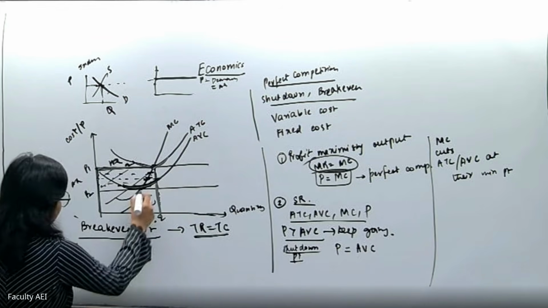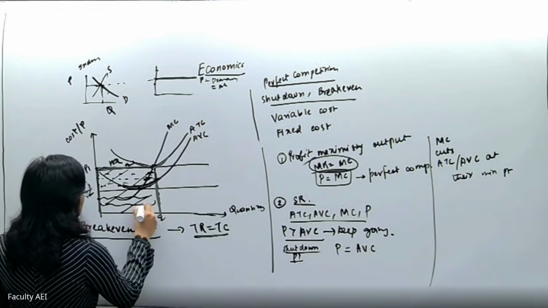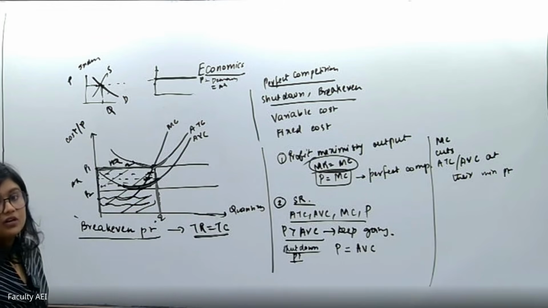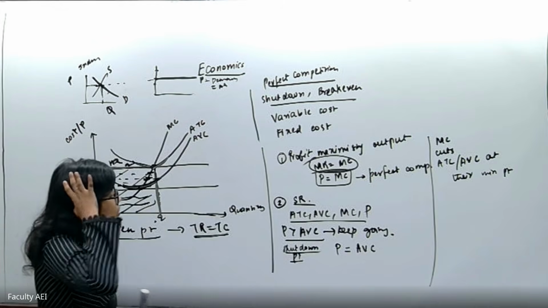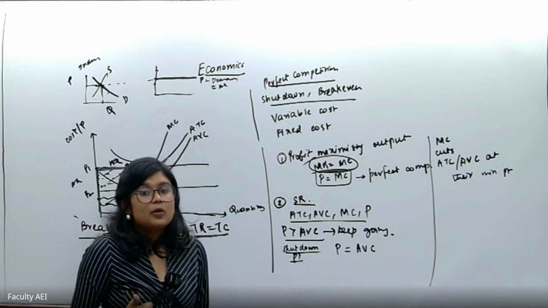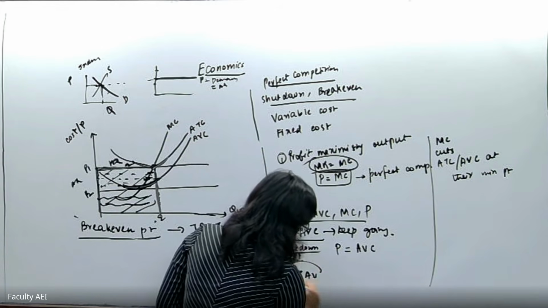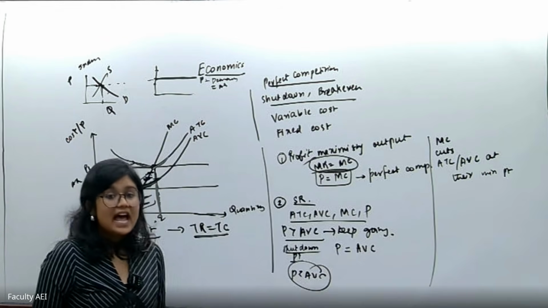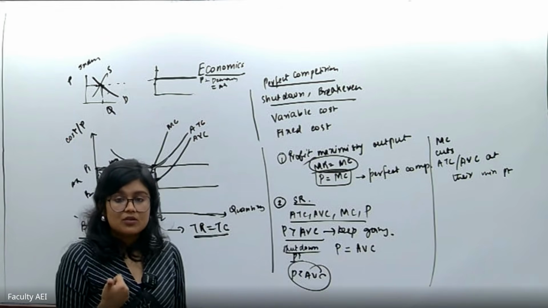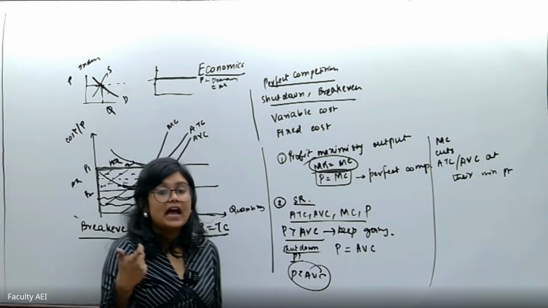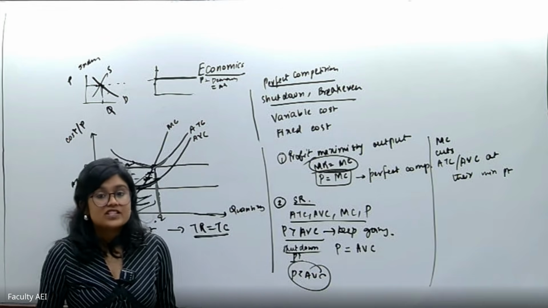After this, my firm is not even able to cover the average variable cost. So if I keep on producing when price is less than average variable cost, what would happen? I have to bear the average variable cost also, and apart from that, I would have to bear the average fixed cost also.